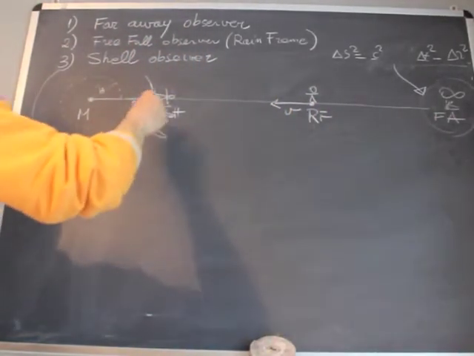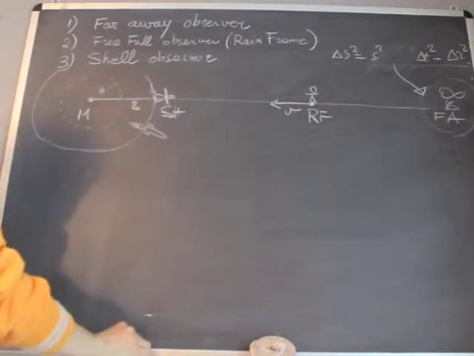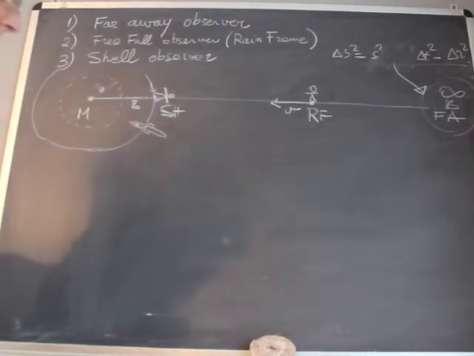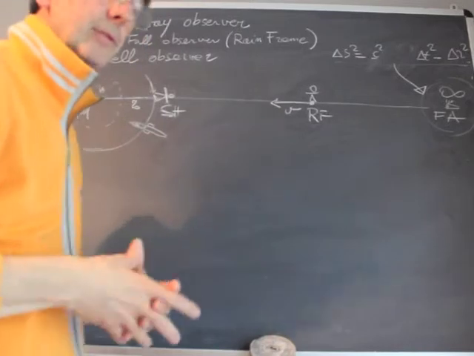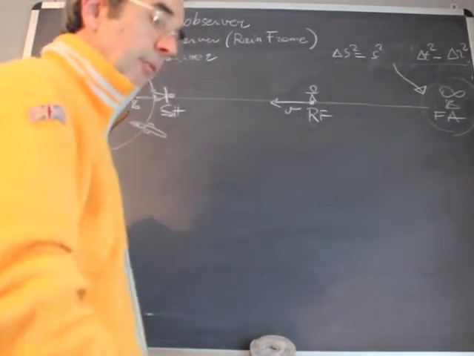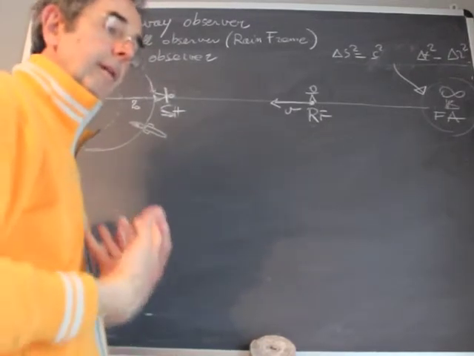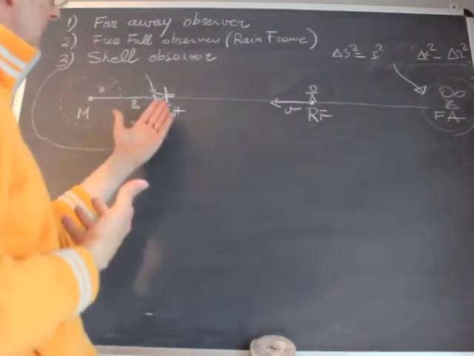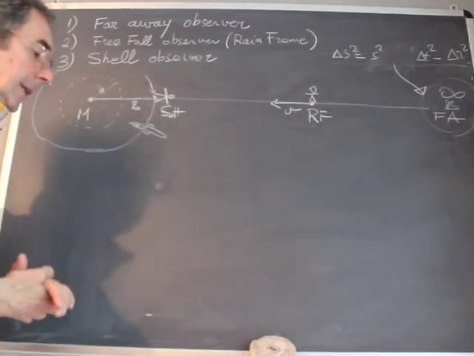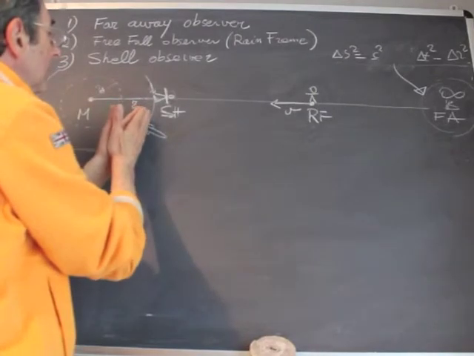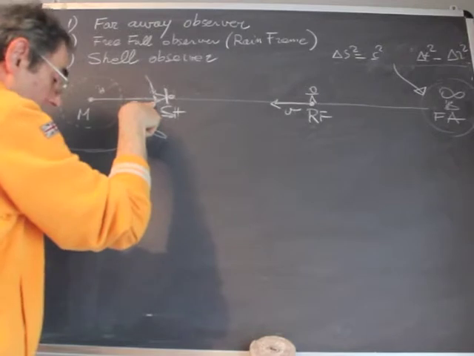The situation is radically different for this person here, standing still on the shell, because for him the situation is just like for us on the Earth. The ground of the Earth is just our shell. We feel gravity, and he feels a strong gravity, and he measures a proper time and a proper space around him if he wants.